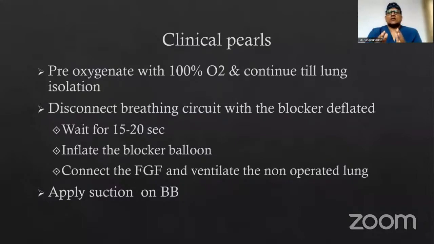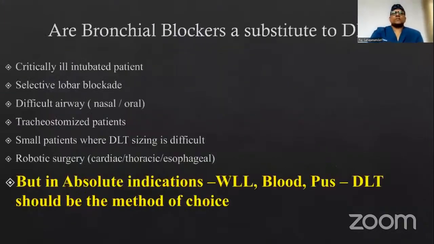Both the lungs will collapse and come to your FRC position, unless there is disease and it takes more time. Once it's in that position, you inflate the blocker balloon. Now once it is blocked and in place, you start a bit of recruitment and ventilate the non-operated lung. If there is still a bit of air, you can apply graduated suction.